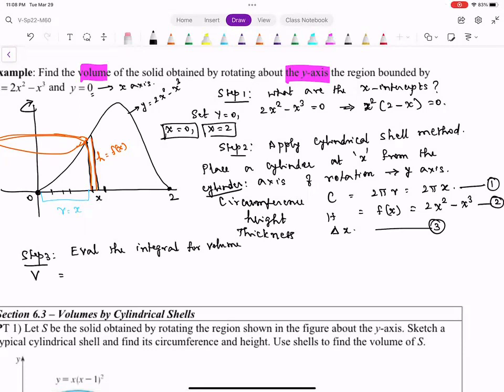So V equals the integral from 0 to 2 of 2 pi x times f of x, which is 2x squared minus x cubed, and delta x becomes dx.